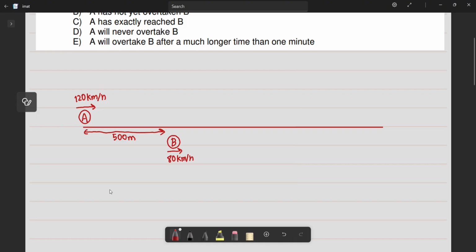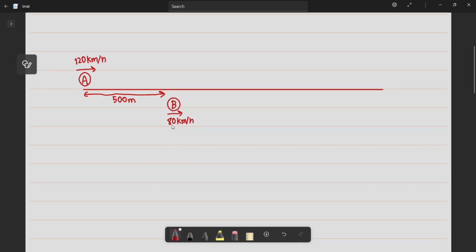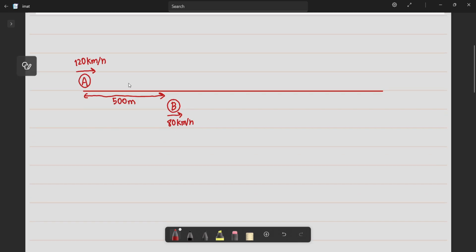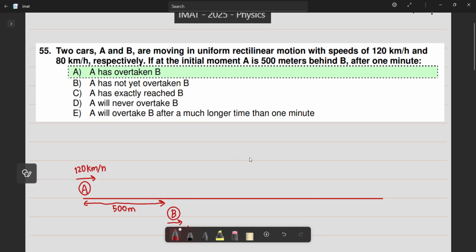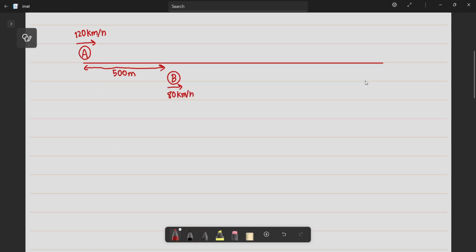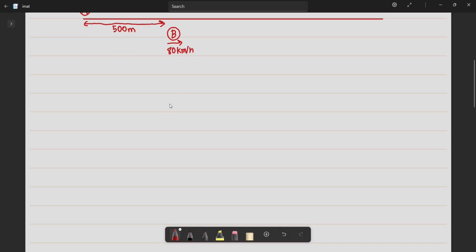Okay, so now what we must do is calculate the distance for each of these cars. We are given the speed, and most importantly, they've asked after 1 minute what would happen. So we're supposed to find out after exactly 1 minute.